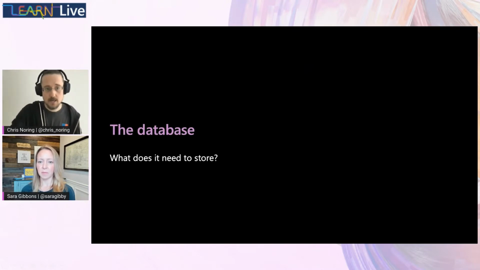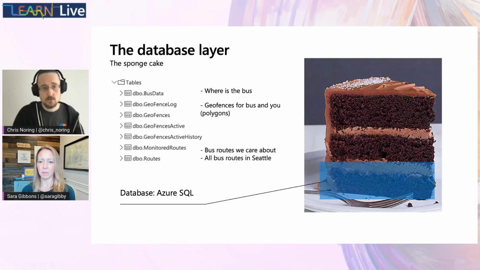So the database, and what do we need to store in there? Just to give you an idea of what's actually in the database layer, we're not there yet, but we will be using a table called bus data. Inside of bus data, it tells us where our bus currently is. And there's a bunch of geofence tables that we'll be using, geofences for the bus and you.